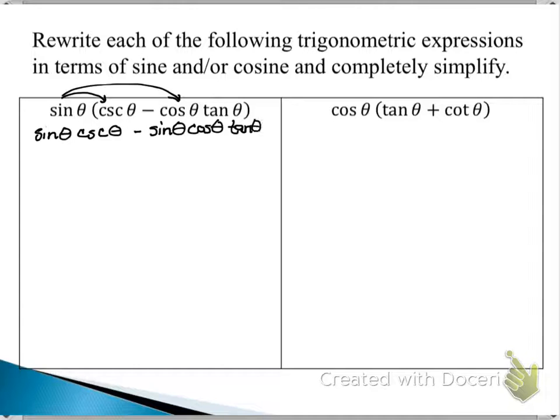So I did the distributive property. Now the next thing I'm going to use is the identities, so that I can go ahead and get this in terms of only sine and cosine.